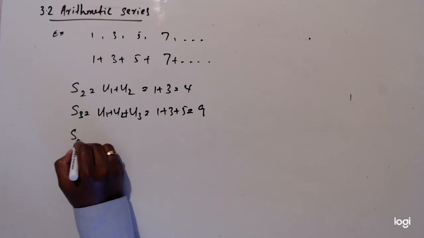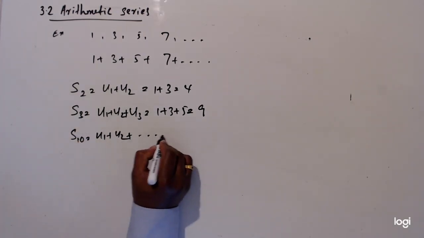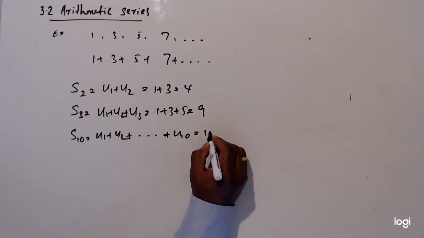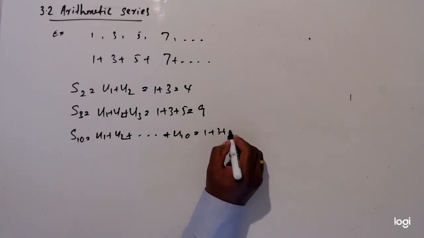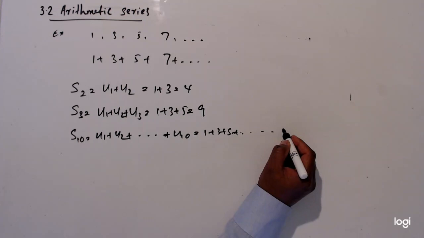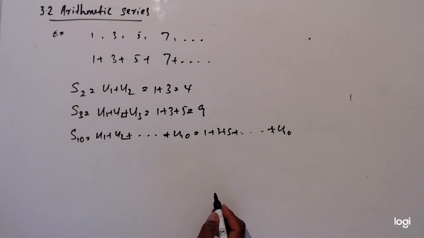Likewise S10 is u1 plus u2 plus dot dot dot up to u10. You have to add 1 plus 3 plus 5 plus dot dot dot up to the 10th term.